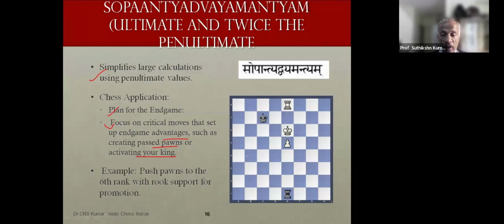But here is the example for this sutra. The black king is posted here, the white king is here, then we have this rook here, the white rook. So what is happening here is that if we are able to somehow bring the pawn to the sixth rank, usually in many of the games, this is called an endgame because very few pieces are remaining and only a pawn is an advantage for the white.